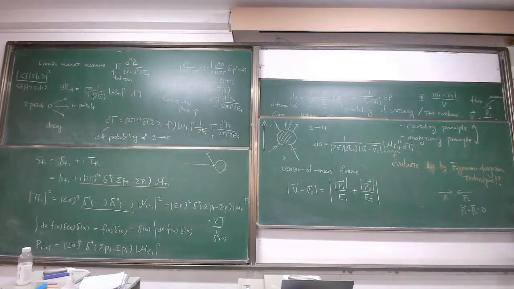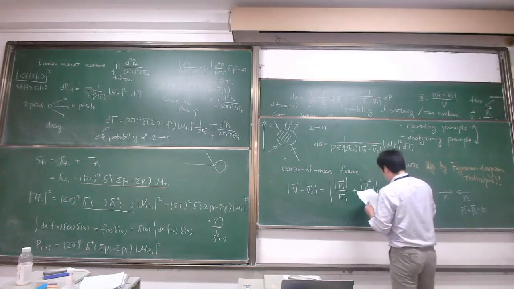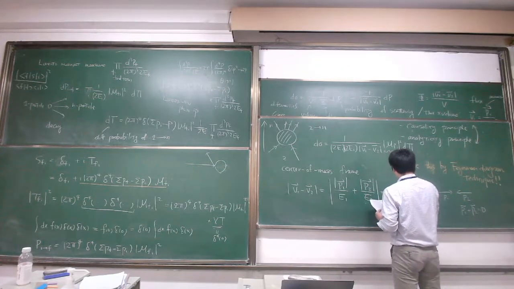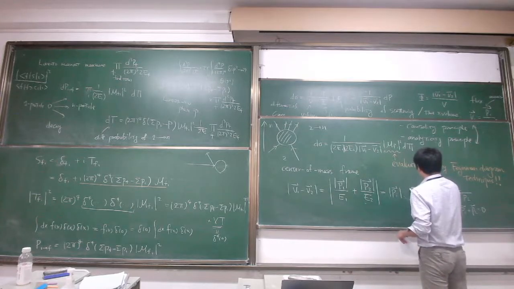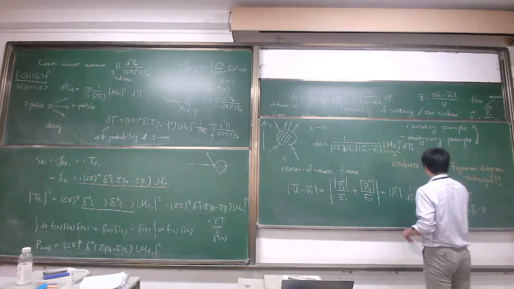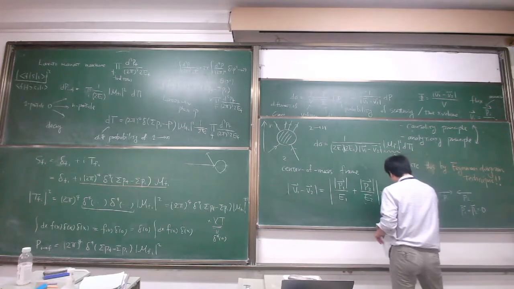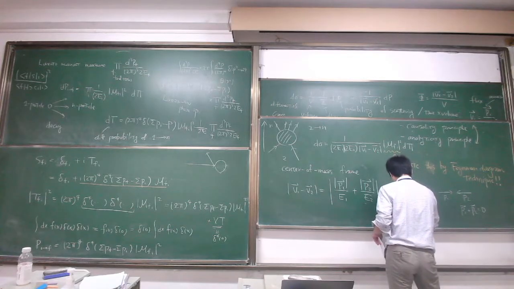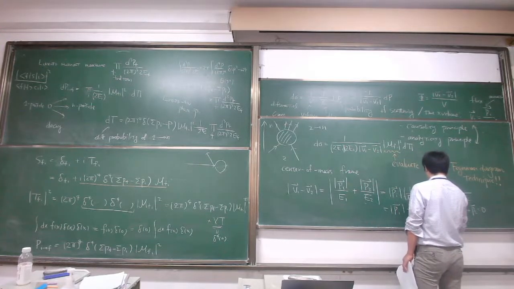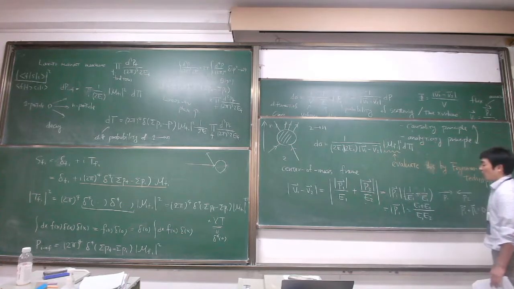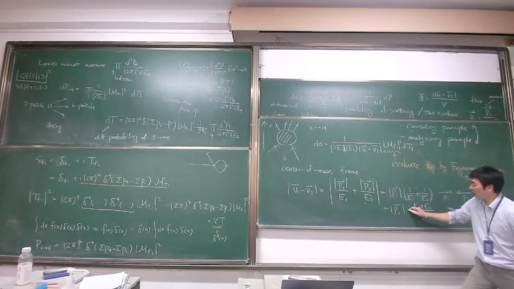So therefore, this is equal to p_i times (1 over E1 plus 1 over E2), and this is equal to p_i times (E1 plus E2) over E1E2.